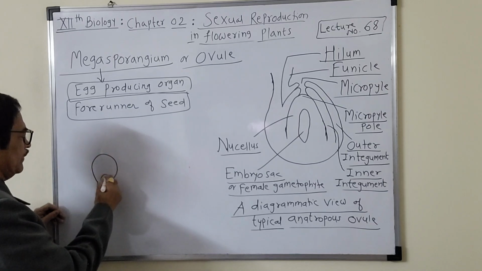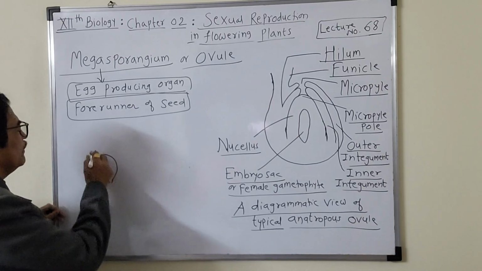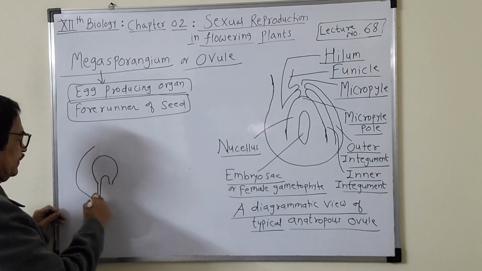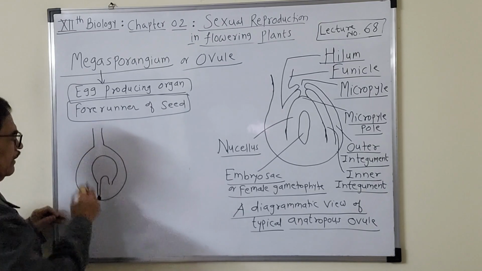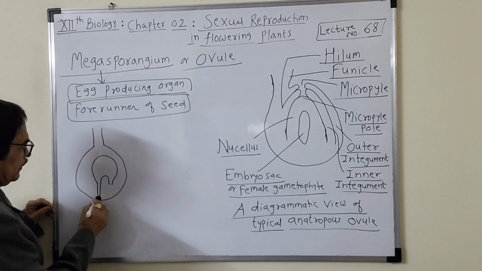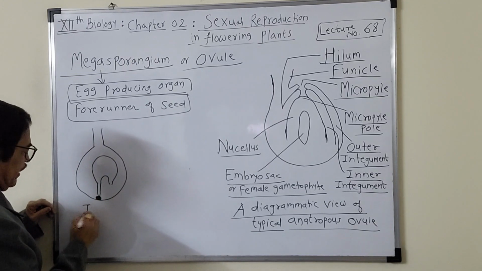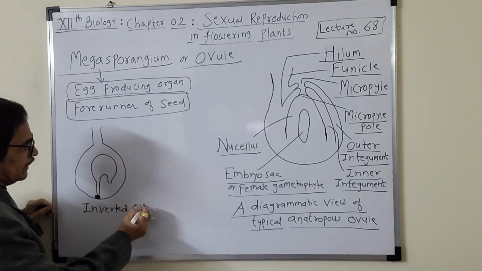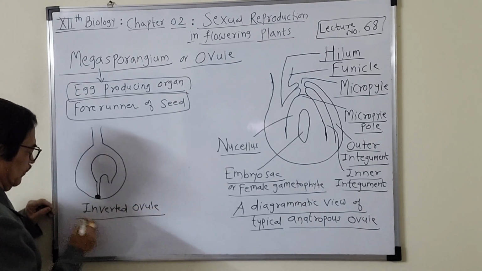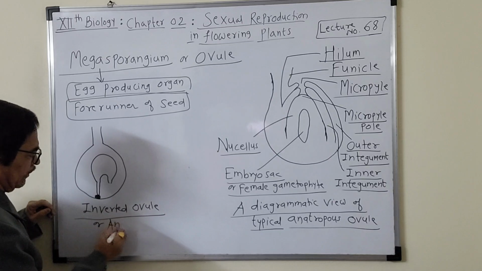If the ovule is attached like this in the ovary, just I am showing in an enlarged manner, आगे चल के style जाएगा. Then this is the placenta tissue, and this is called inverted ovule. इसको बताया जाएगा inverted ovule or anatropous ovule.